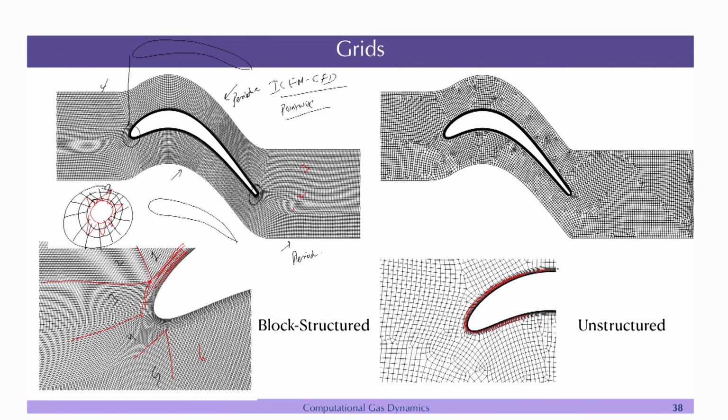Now, there are several tricks, or guidelines, not rules, basically guidelines on how to create a mesh. For example, the mesh should be as orthogonal as you can make it. That is one thing. Secondly, the transition of mesh from, for example, this cell to this cell should not be very high.